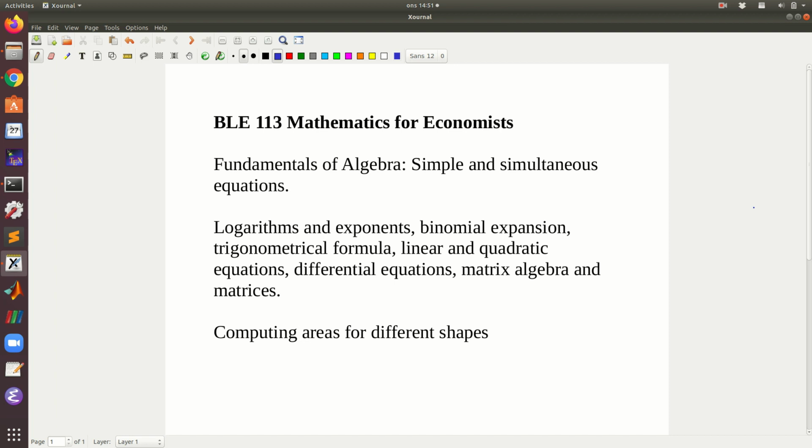However, we shall also include something which is not in this outline, and that is use of a computational tool. We shall use MATLAB just to illustrate how some of these are done computationally. In the real world, we use computational power to solve problems which may be quite large.